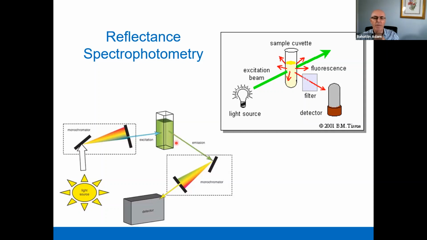If you have molecules which fluoresce, they will emit light onto the detector, and the detector will measure the intensity of the light.